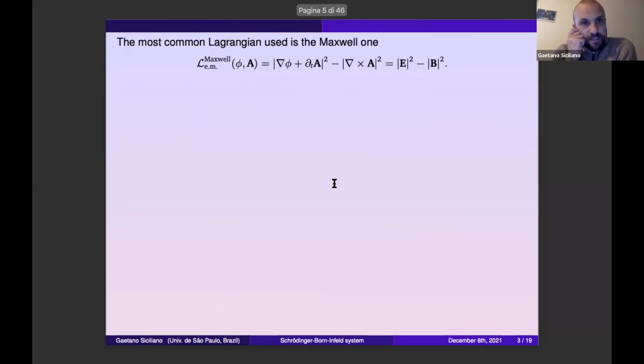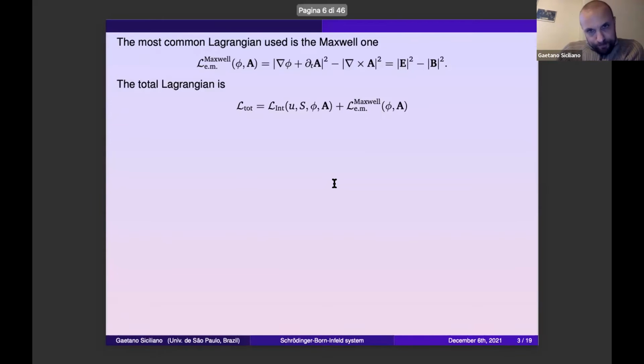It is here that people commonly use the Maxwell Lagrangian of the classical electromagnetic field, which is the following one: E squared minus B squared. Okay, this is a good model. In this sense, you have a total Lagrangian, which is the sum of the two Lagrangians.